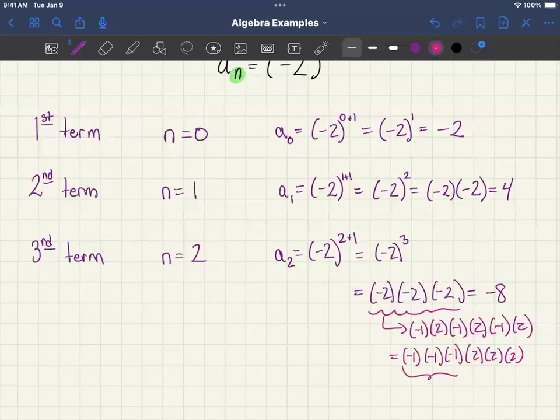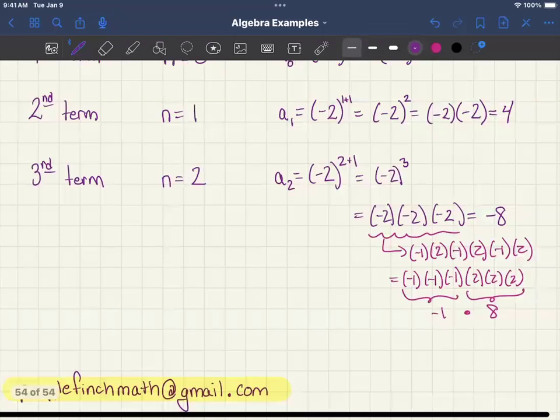That way we see we have -1 there, and we have 8 there, and we are multiplying, so we get -8. Nice things to do. Practice that algebra without a calculator. Super important because you never know if your professor or your teacher will give you a test without a calculator.